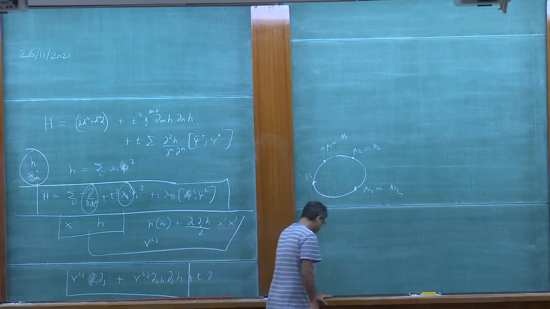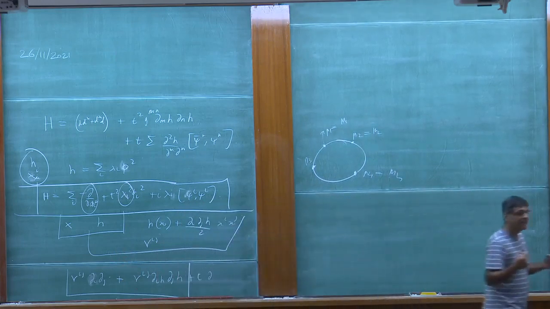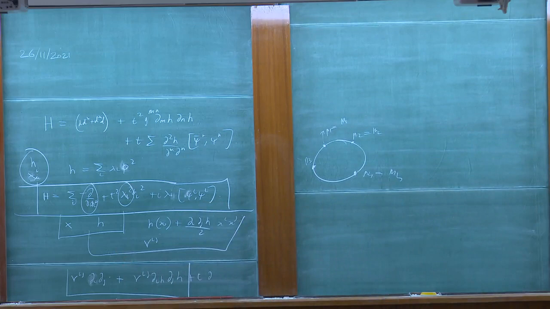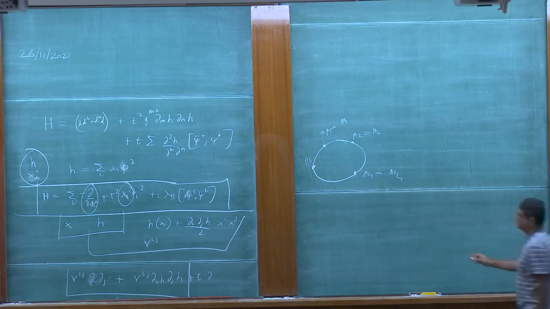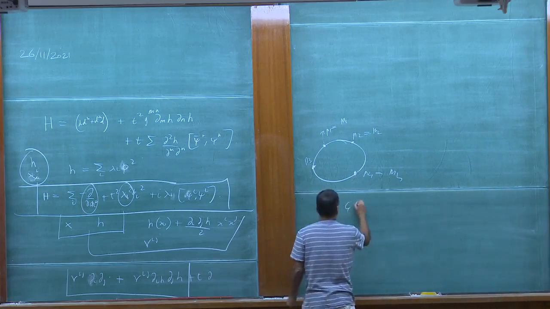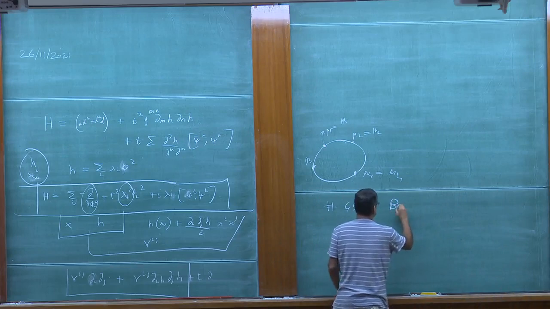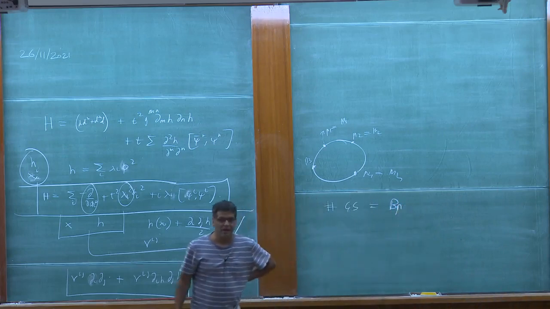Now, we know that the actual number of ground states in this problem, the actual number of ground states associated with P forms, is the Betti number BP. This we know because we solved the problem with no potential, and we proved that the number of ground states does not change as we change the potential. Okay?